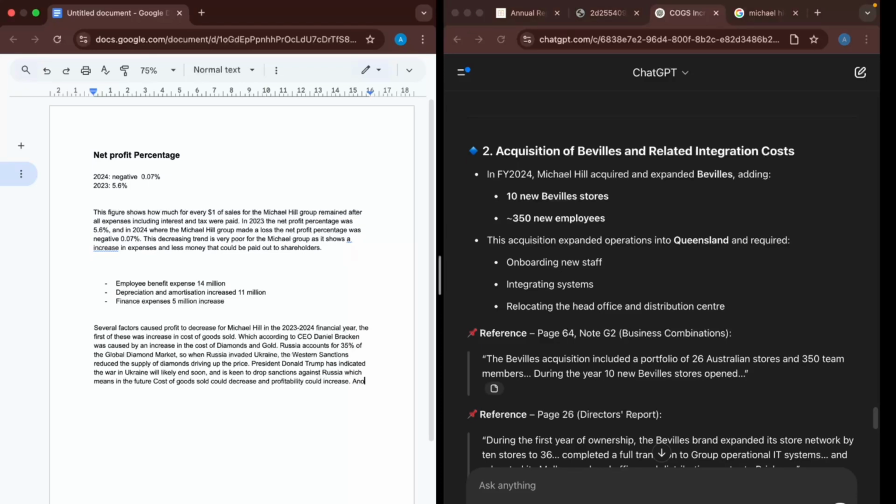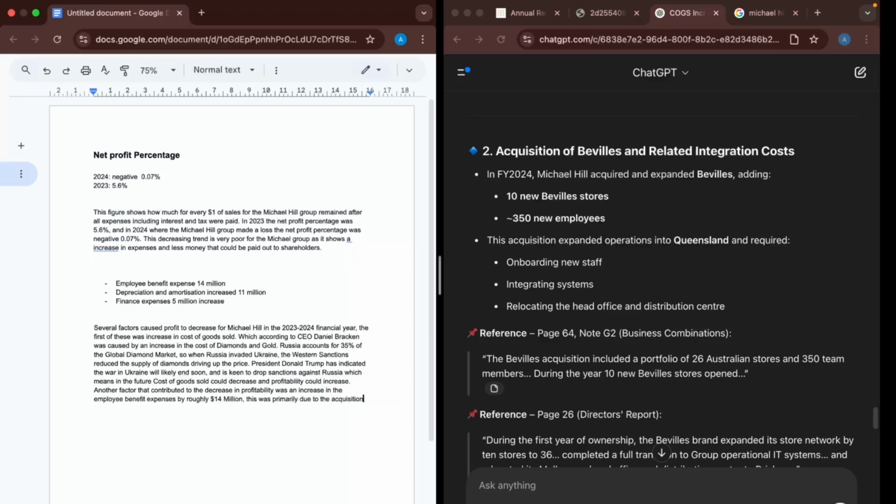Additionally, another factor that contributed to the decrease in profitability was an increase in the employee benefit expenses by roughly 14 million. This was primarily due to the acquisition of a new company.